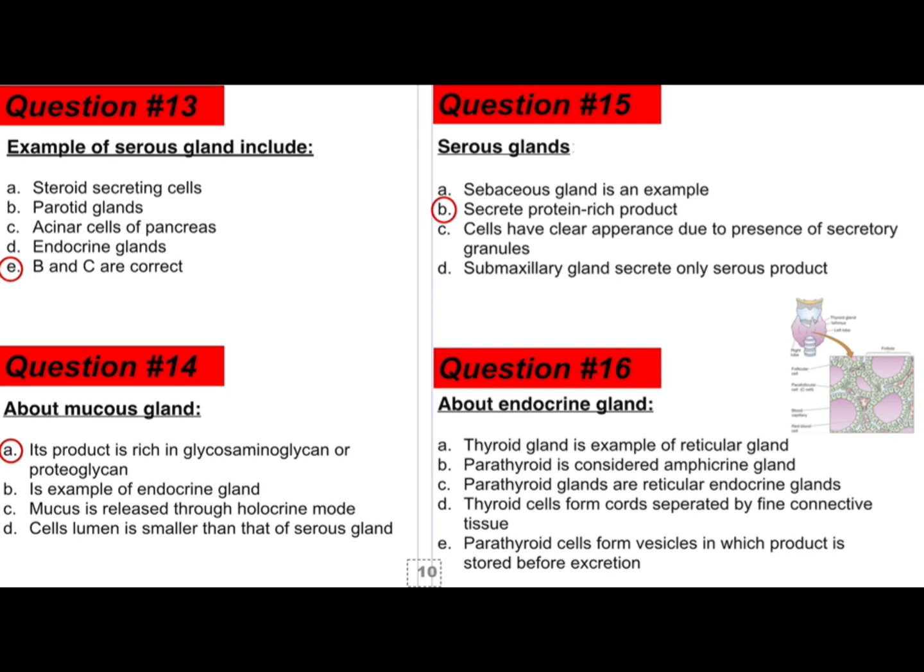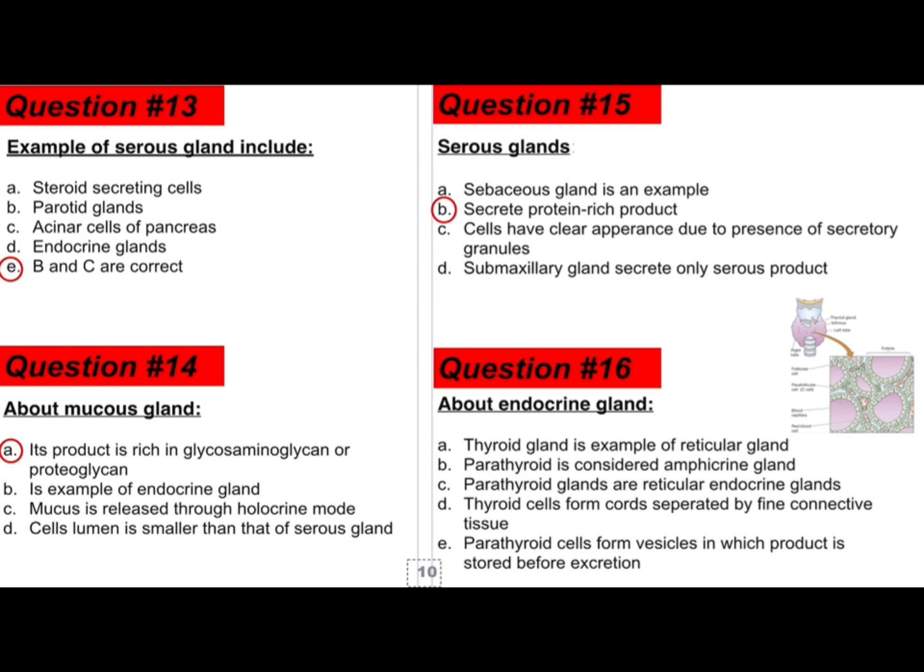C, cells have clear appearance due to presence of secretory granules. Wrong. The secretory granules in serous gland appear dense to electrons. That's why they have this dark appearance and not clear appearance. The clear appearance is typically present in a mucous gland and not serous gland, while in serous gland it appears dark with the granulation. Option D is wrong also because submaxillary gland is a mixed gland that secretes both serous and mucous product and not only a serous product.